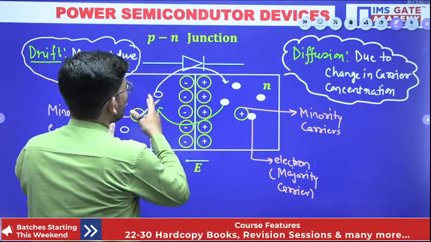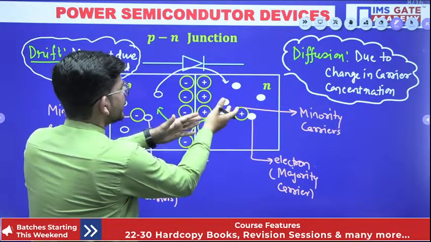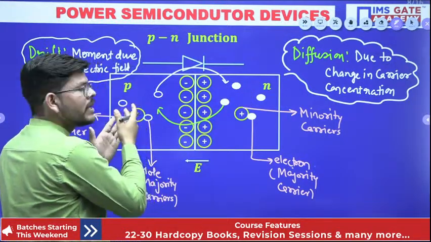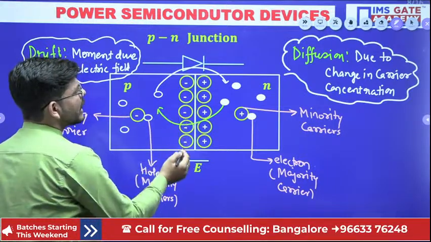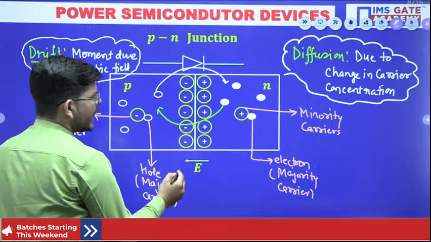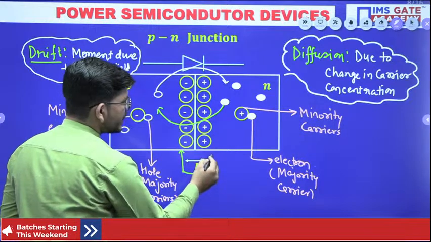So whenever a hole moves to the N type, and whenever an electron moves to the P type, they leave behind immobile ions. These immobile ions get accumulated at the boundary, and they form a depletion layer. This is called the depletion layer.